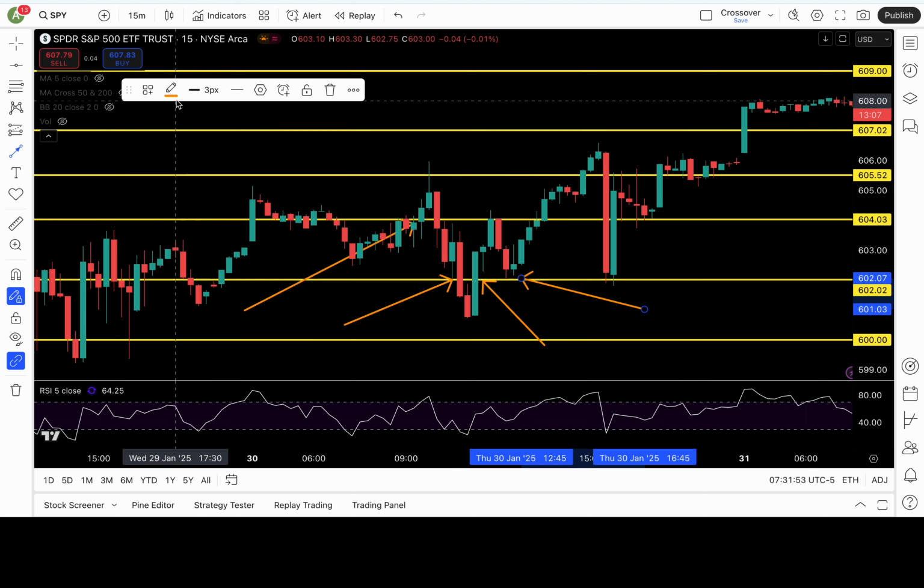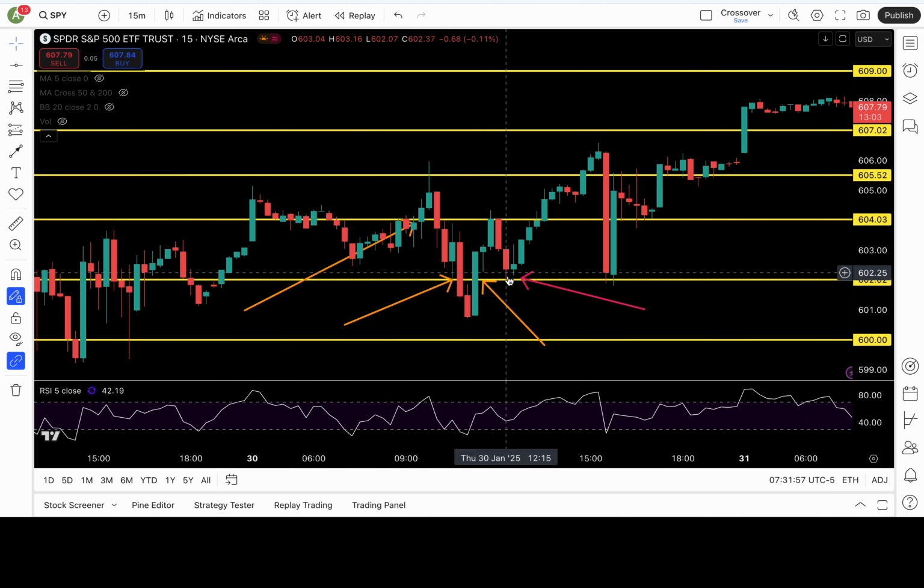Let me change the color of this arrow. Look at this one. This was yesterday's candle around 12:15 on the 15-minute chart. What happened there? After we recaptured 602 at 12:15 or so, we back tested 602 and that level turned back into support.